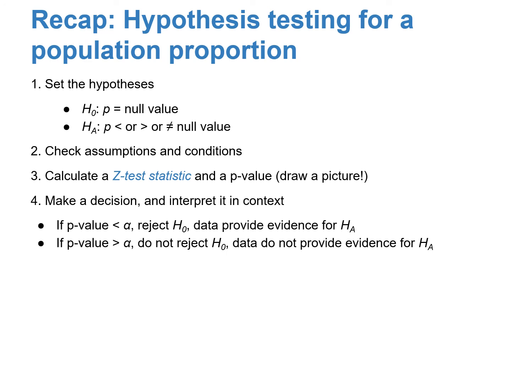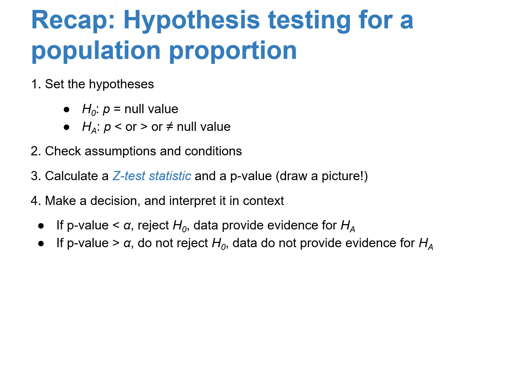We check the assumptions and conditions to make sure that the p-hat sampling distribution is approximately normal. If the conditions are met, we calculate the z-test statistic and then calculate the p-value using that test statistic and the standard normal distribution. It's often helpful to draw a picture and shade in the area that is representing your p-value.